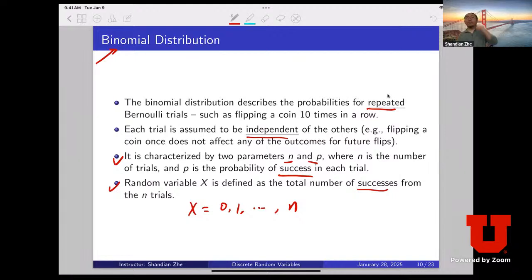You toss a coin for 10 times, you cannot see 11 heads, right? You cannot see 100 heads. So the best luck will be, okay, every time you toss a coin, you see heads, right? So that means at most you can have n successes. That's the range of the values X can take, right? Anything outside this range is infeasible.